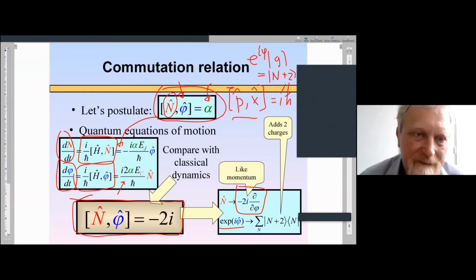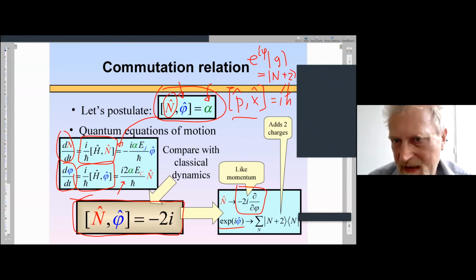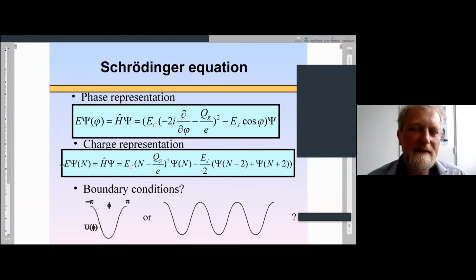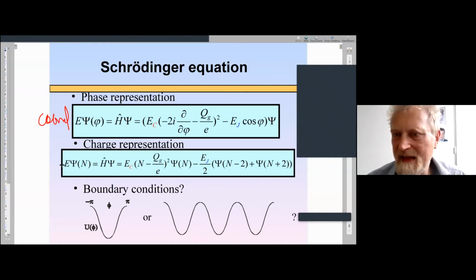I write the Schrödinger equation. I will do it in two representations, which are completely equivalent. I could call it the coordinate representation, and this is the momentum representation. And as in quantum mechanics of a single particle, wave functions in one representation are obtained from wave functions in another representation by applying a Fourier transform.